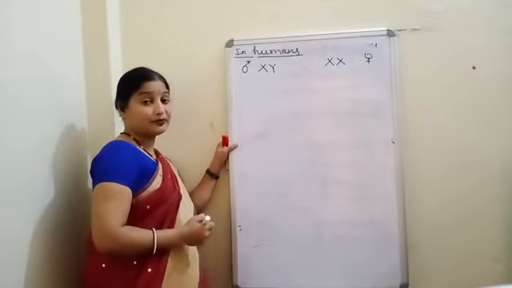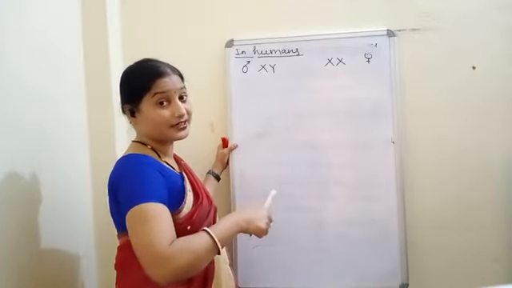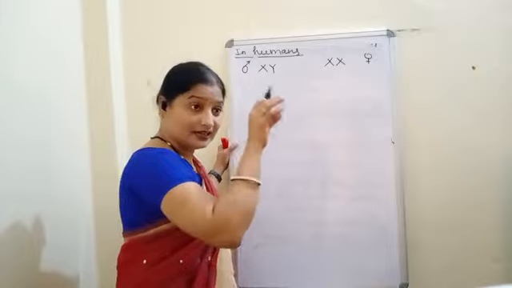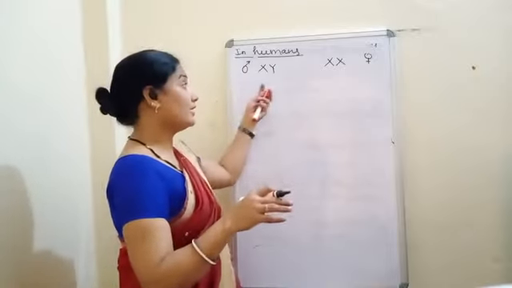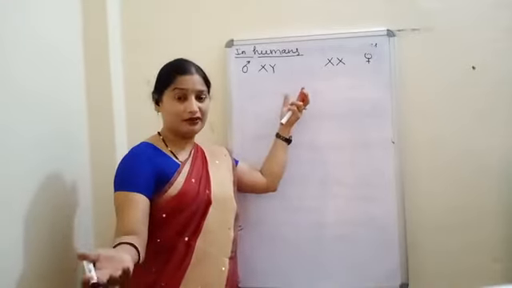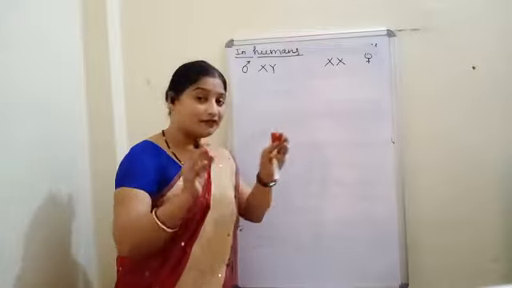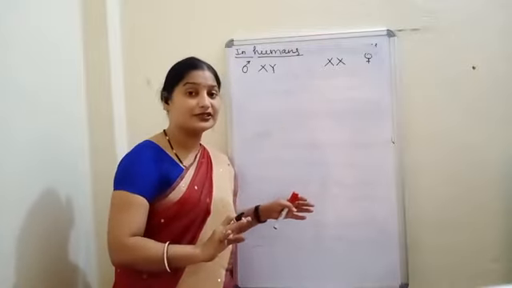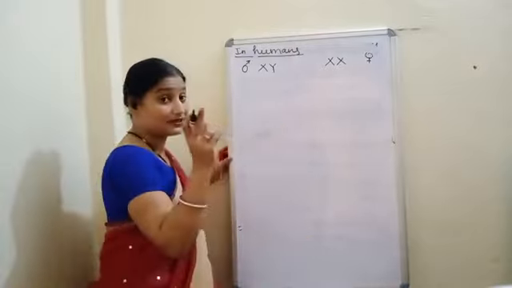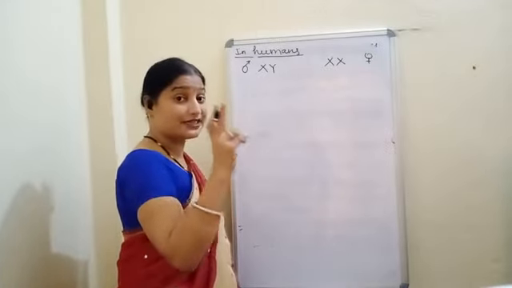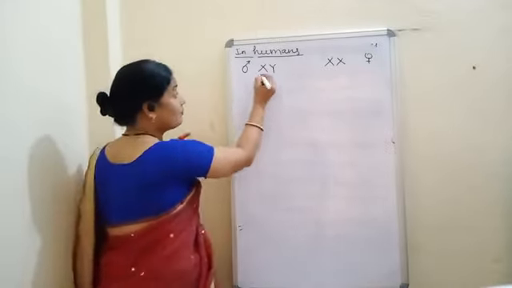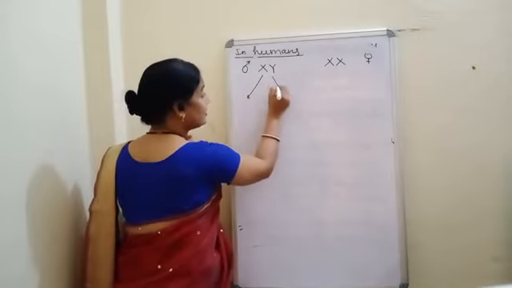Okay? By the process of meiosis, we have already studied that in the sexual organ, cells are always diploid, but when they form gametes, they become haploid. We have already seen this meiosis. And we have studied that gametes are always haploid. Now we will form their gametes.